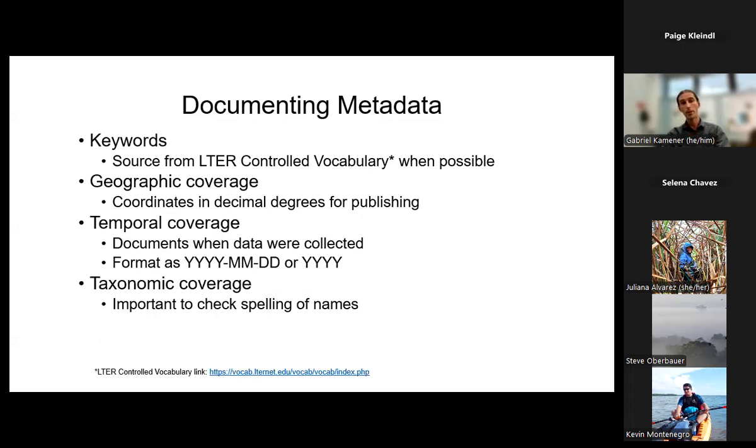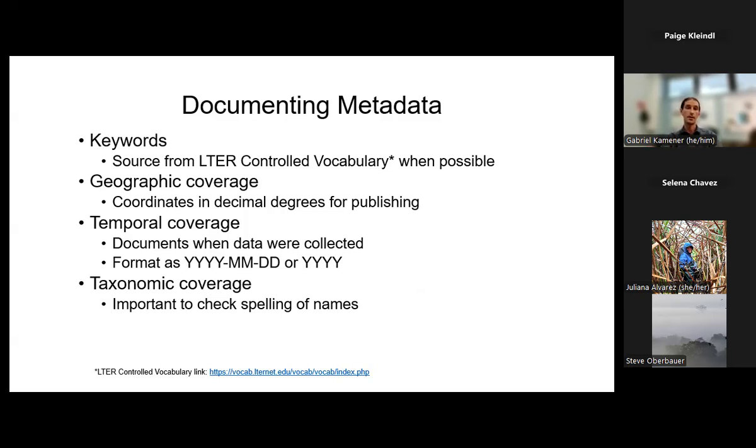Keywords should be sourced from the LTER controlled vocabulary when possible. So you want to carefully choose keywords that describe relevant terms to your data set and help someone find the data set when they're searching. Geographic coverage should be included as decimal degrees for publishing.